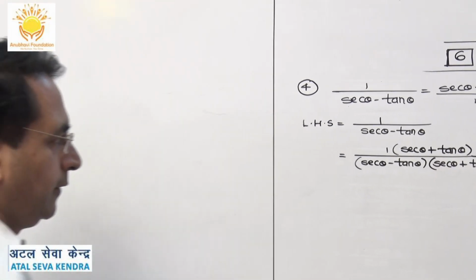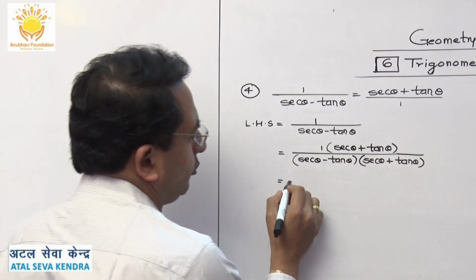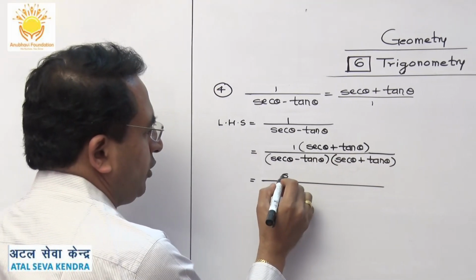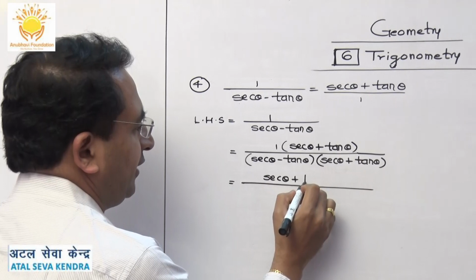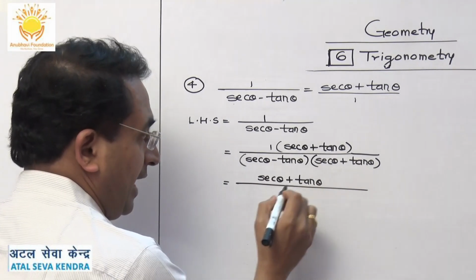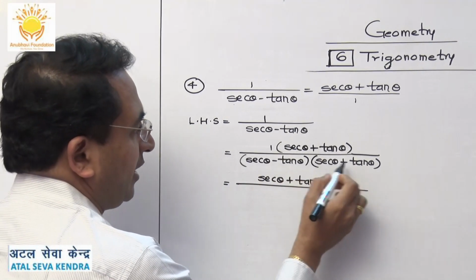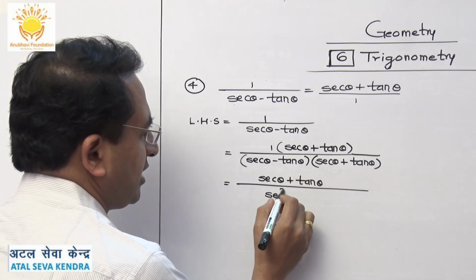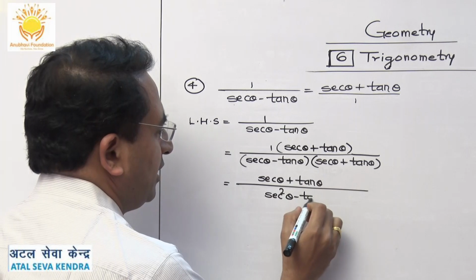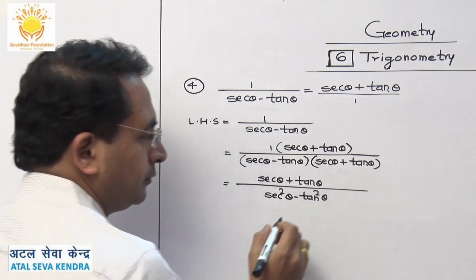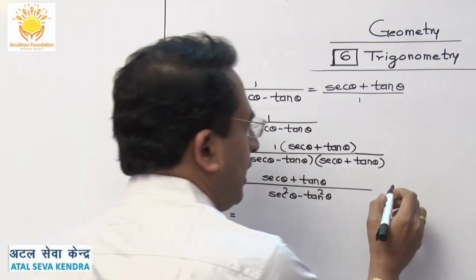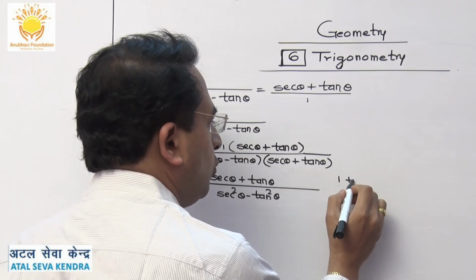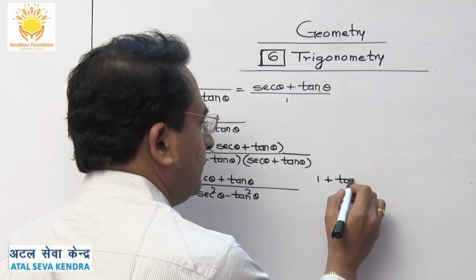Now what happens here? The numerator is multiplied by 1, so it remains sec theta plus tan of theta only. And a plus b times a minus b is a square minus b square. That means it is sec square theta minus tan square theta. Now you know the identity here. I am writing that part here, 1 plus tan square.